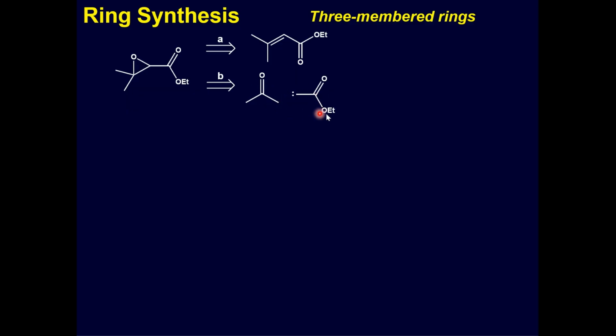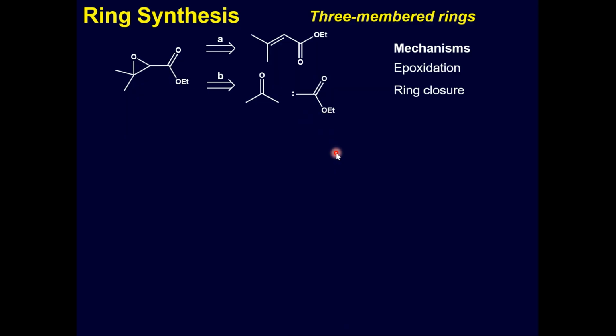These synthons can be: this is electron rich, it attacks on the carbonyl carbon, pi electrons move to OH, and then cyclization occurs, I'll get the epoxide. Two approaches are followed. One involves epoxidation of the alpha beta unsaturated ester. Another approach is the ring closure of reacting acetone with this synthon.